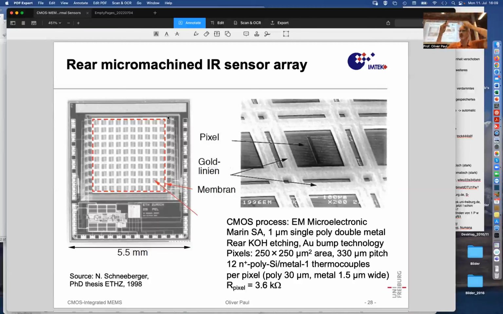As we saw in chapter 2, you can do KOH etching, and there are some cross sections and everything, and that's the KOH etching that was applied here in a wafer box with some rinsing liquid in the front to prevent KOH from aggressing that front side. Yeah, and the membrane is, of course, a rather large membrane. It maybe has 3 by 3 millimeters here in size, which is sizable.